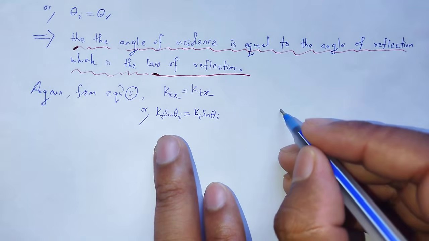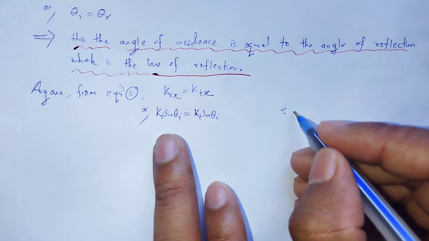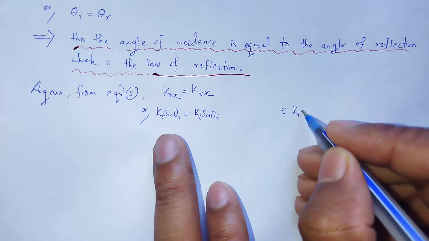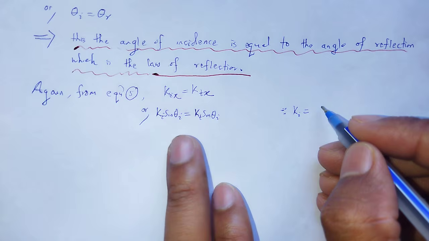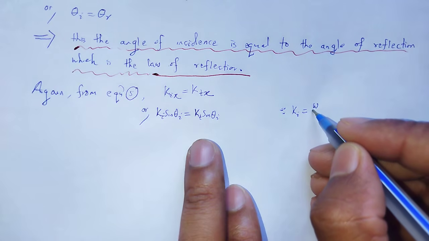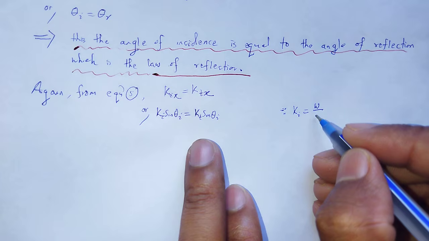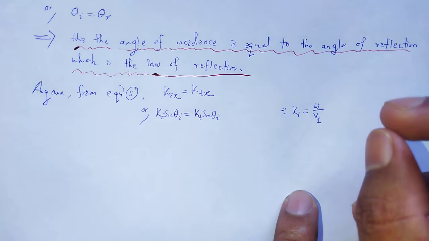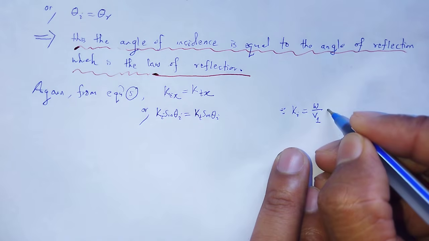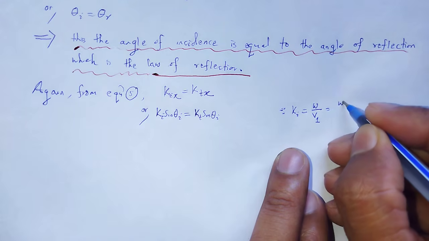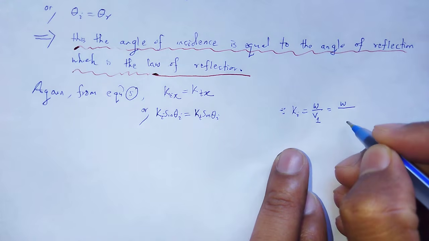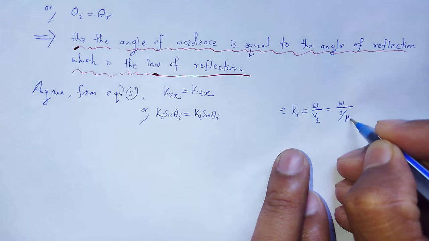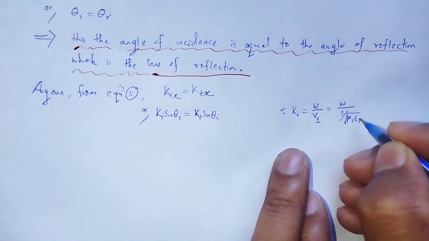But here, as we say, ki is equal to omega divided by v1. v1 is the velocity of the electromagnetic waves in medium 1, which is omega divided by 1 by under root of mu 1 epsilon 1 in medium 1.